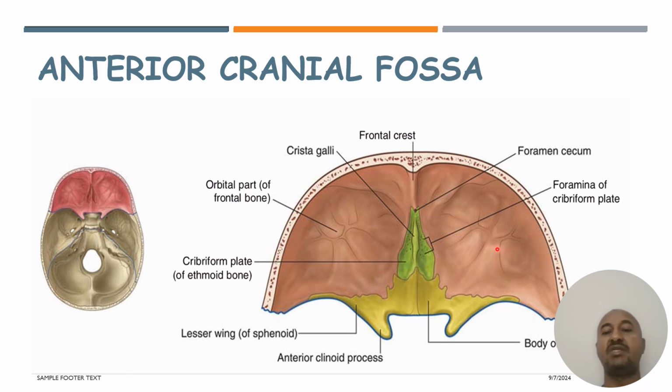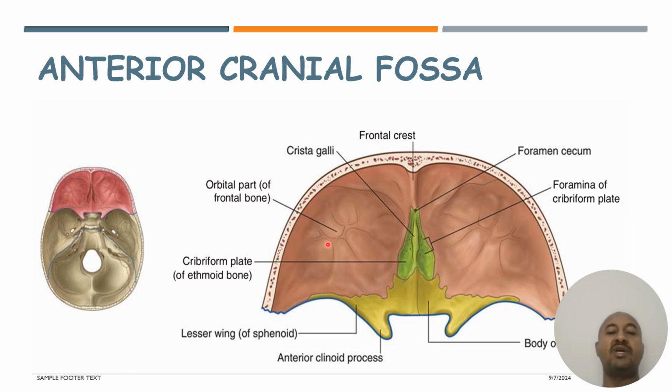The anterior cranial fossa is the most anterior part of the cranial base. It's formed by the frontal bone, the ethmoid bone in the middle here in green color, and the lesser wings of the sphenoid bone. So three bones: we have the frontal bone, the ethmoid bone, and the lesser wing of the sphenoid bone.